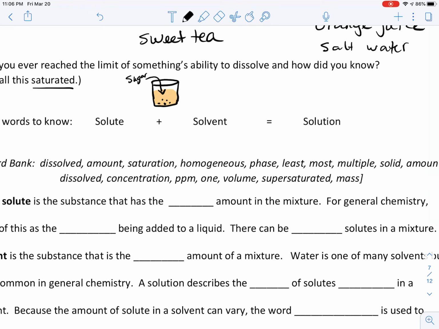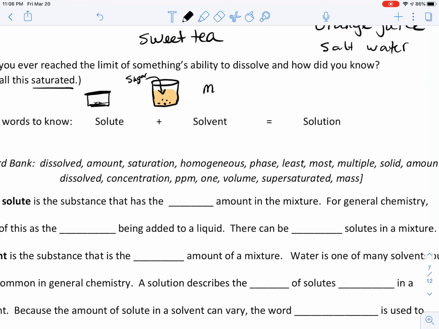This idea can be used with all different kinds of things. If you've ever tried to take some of that Gatorade concentrate that comes in a canister and make it really dilute, and you're stirring it, you end up with little pieces at the bottom, like a pile of sugar.